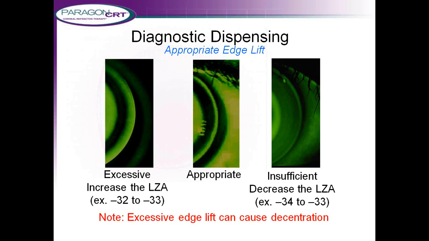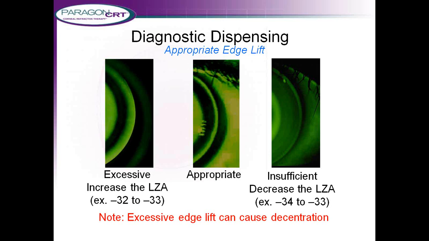If the example in the picture was a negative 32 landing zone, we would go to a negative 33. The picture on the right shows insufficient edge lift, and we would need to decrease the landing zone angle to move the point of tangency away from the extreme edge of the lens. So if the example in the picture was a negative 34, we would move to a negative 33 landing zone angle.